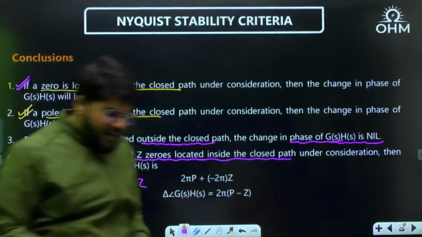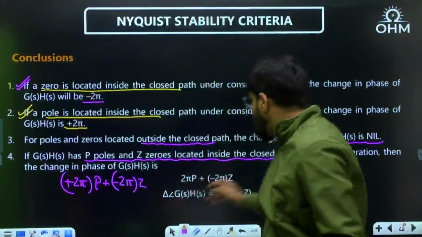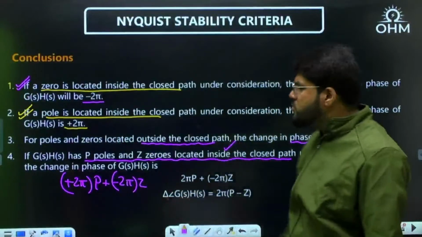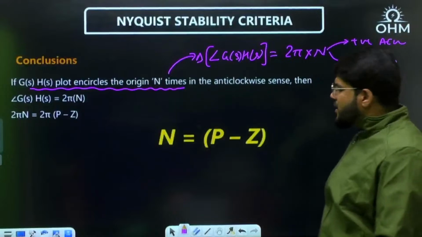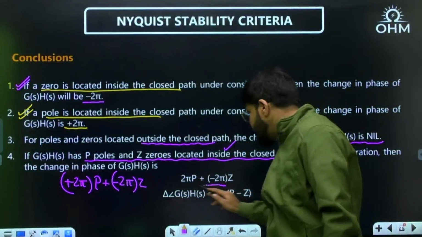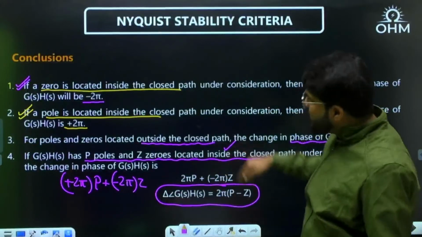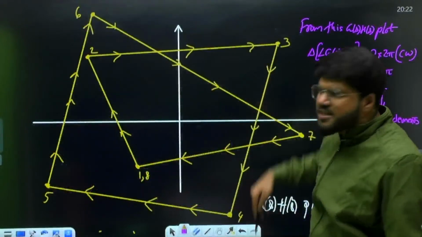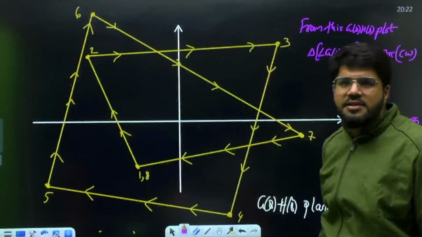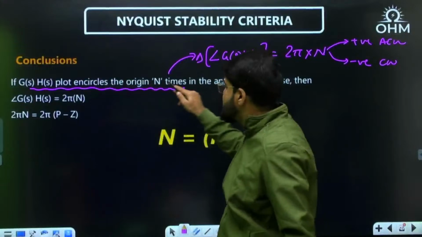So what I'm relating now, if the G(s)H(s) has p poles and z zeros, which poles and zeros? Inside the closed path, because outside zeros do not matter. Right. So if G(s)H(s) has p poles and z zeros inside, then the change in phase of G(s)H(s) is 2 pi (p minus z). Another way I'm saying that, suppose you draw the G(s)H(s) plot, and you notice that G(s)H(s) encircles the origin N times.